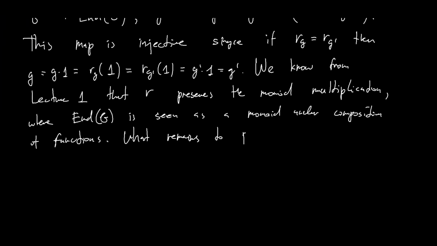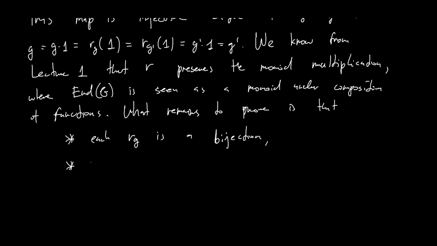So what remains to prove is that firstly, each R_G is actually a bijection, and secondly, the map R preserves the inverses as well.